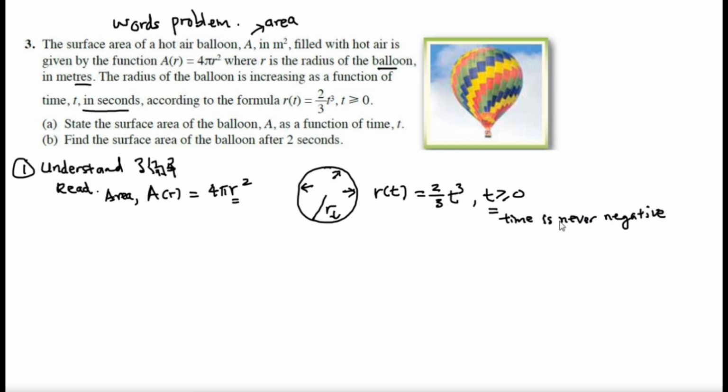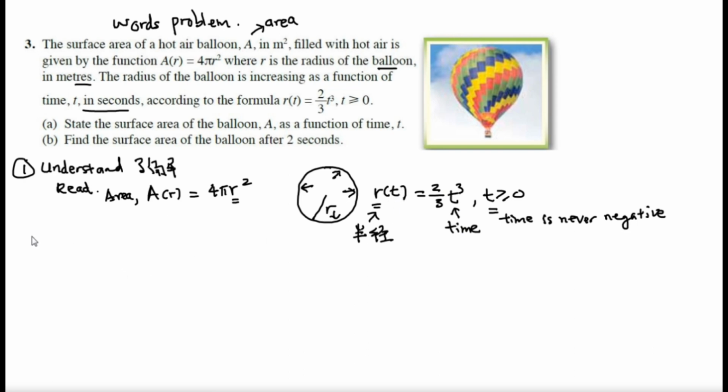Time cannot be less than 0, so the time is at least 0 or greater than 0. This radius is directly related to time, proportional to time. As the time increases, the radius also increases.